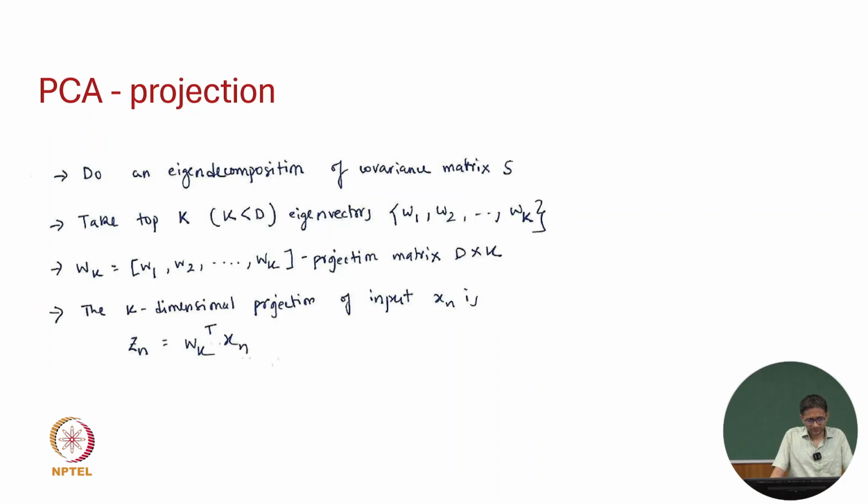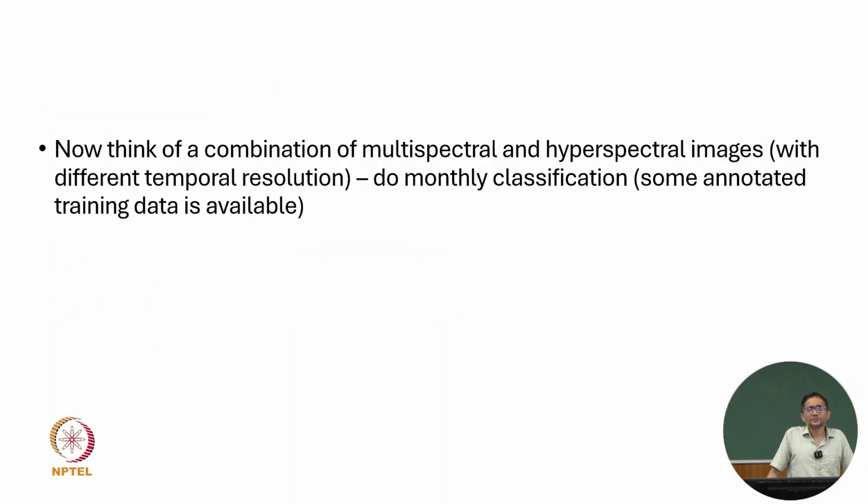Now, given a particular data point, x small n, its projection will simply be z small n, which is Wk transpose times xn.